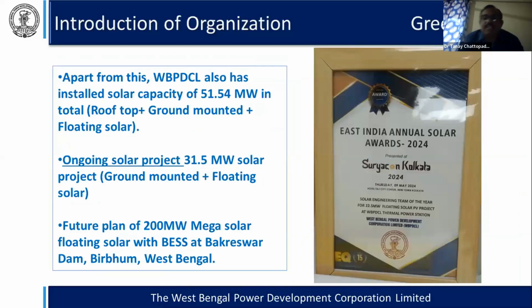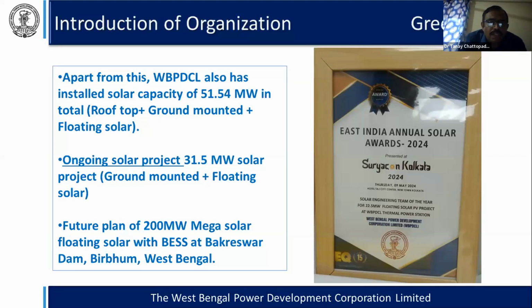Secondly, for the green energy section, we also do many green energy projects, like rooftop solar, ground mounting, and floating solar projects. We have developed 51.54 megawatt total installed capacity, and the ongoing solar project is 31.5 megawatt.